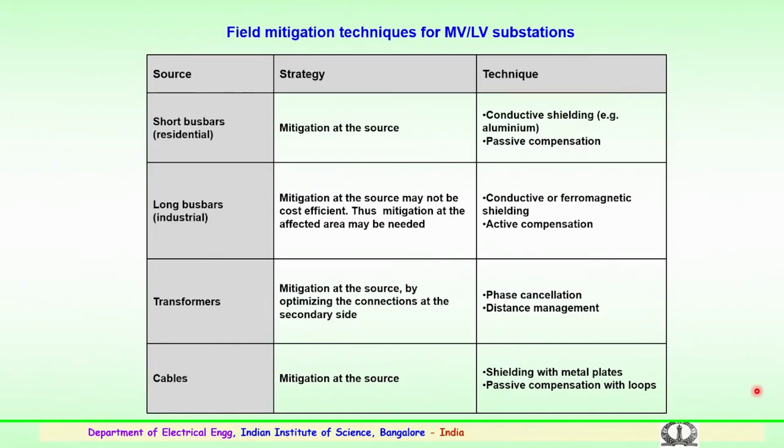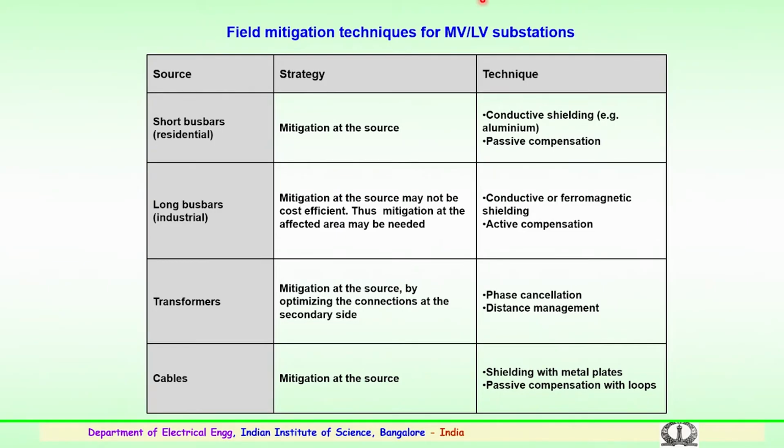So, the field mitigation techniques employed for the medium voltage and low voltage substations. These are the various sources: bus bars near the residential areas, long bus bars in the case of industries, and the transformers and cables being the major equipment. Again the transformers depend upon the rating and the load which is connected, and the cables are also to be mitigated.